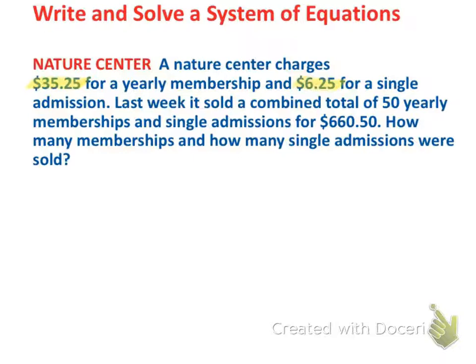All right, so last week it sold a combined 50 yearly memberships and single admissions for $660.50. How many memberships and how many single admissions were sold? All right, so the first thing you want to start with here, guys, is defining a variable. And in this case, we have two variables.